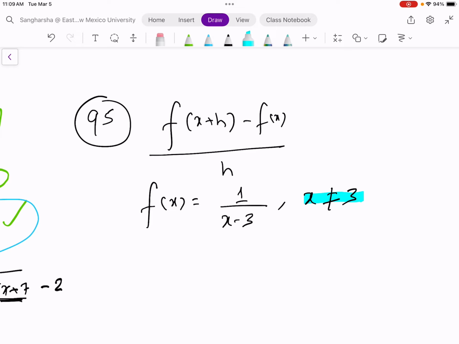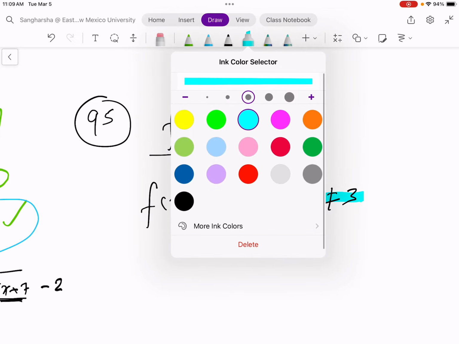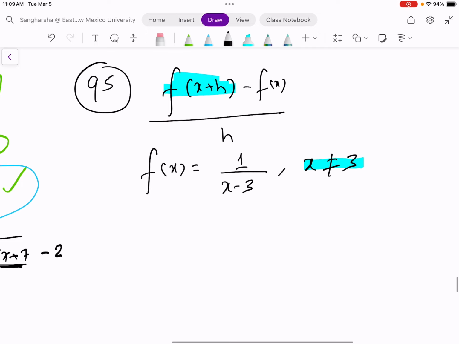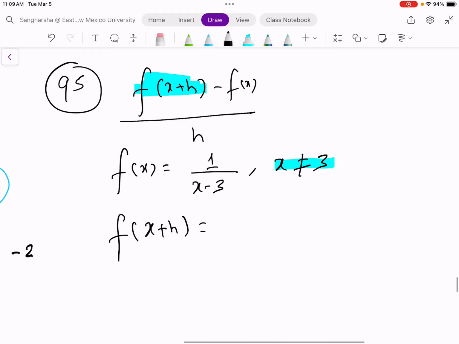Now in order to find the difference quotient, we need to know what f of x plus h is at first. Let's find that. Our f of x is 1 over x minus 3. How do we find f of x plus h? Yes, you substitute whatever you have inside the parenthesis.